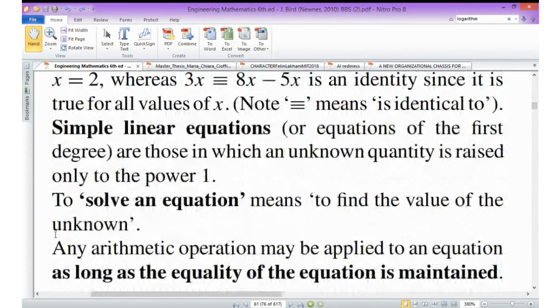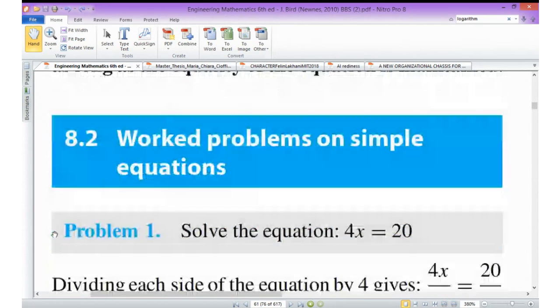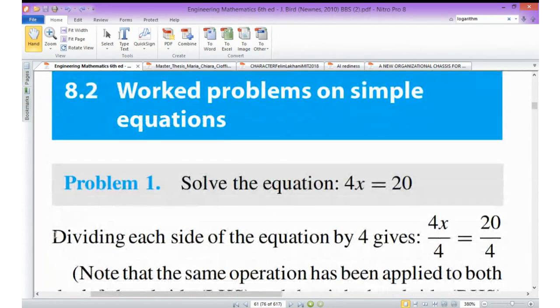So, solving an equation, I'm sure we all know about that process: how to solve an equation, just trying to maintain the order in the equation, to balance the equation. That's what we mean by solving an equation. So for instance, solve the equation 4x is equal to 20.